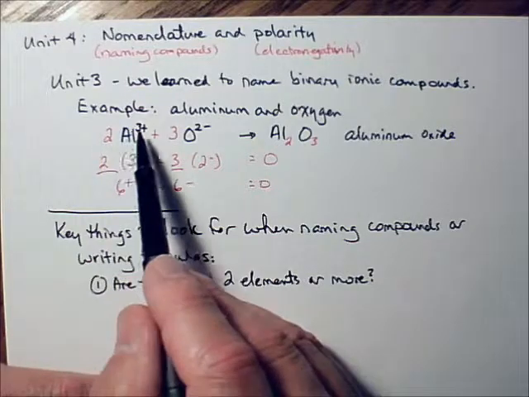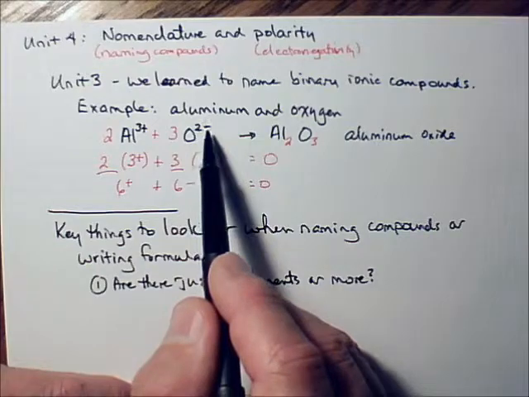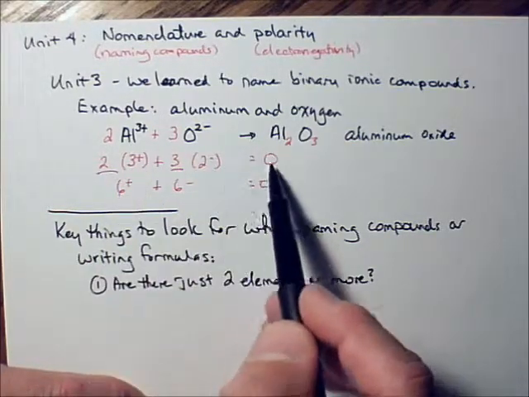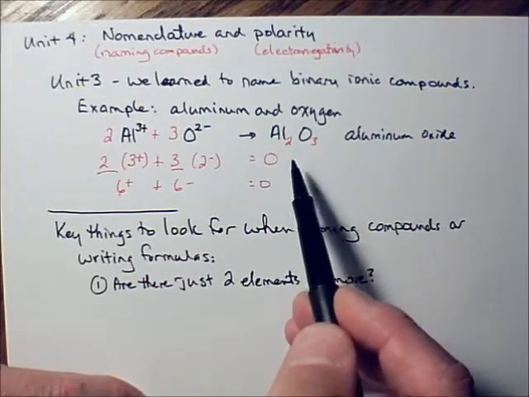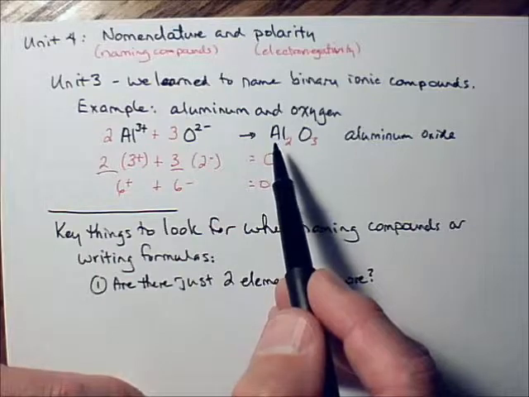By putting together two aluminums, which have a 3+ charge, and three oxygens, which have a 2 negative charge, 3+, 2 negative. If I have three of these and two of these, it gives me a zero charge. And that's what we want. We want a compound to have no charge. We want it to be what we call neutral.